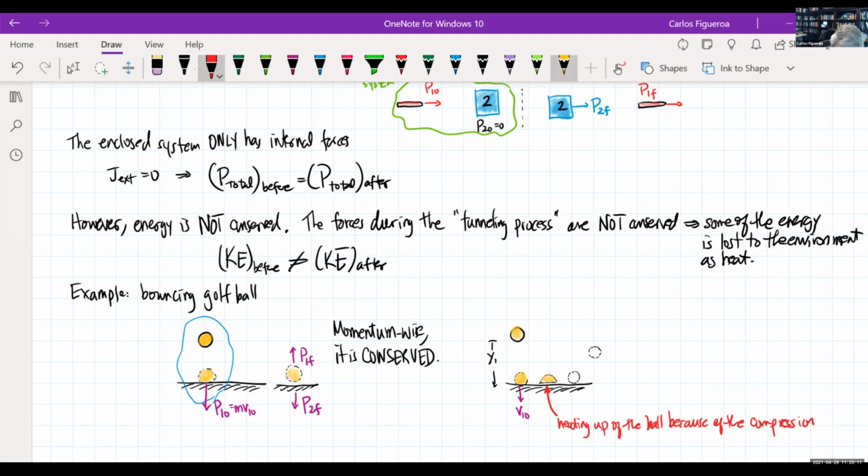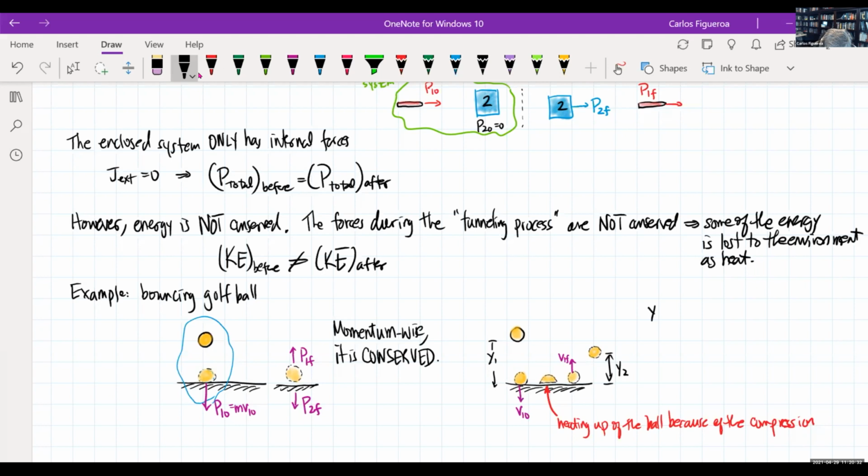So then what happens? The ball comes up, and when it leaves, it has a smaller velocity now. And as a consequence, it goes up to a lower height.